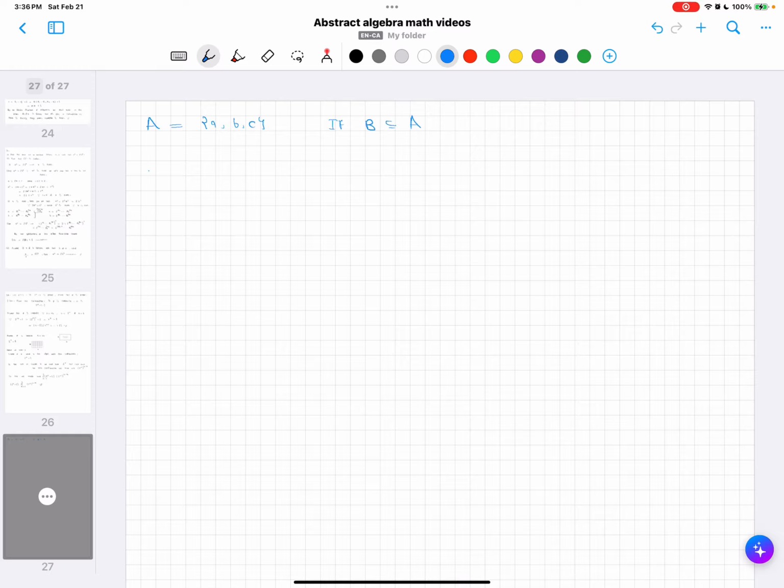So for each x inside of A, we have the choice of either including that element or not.